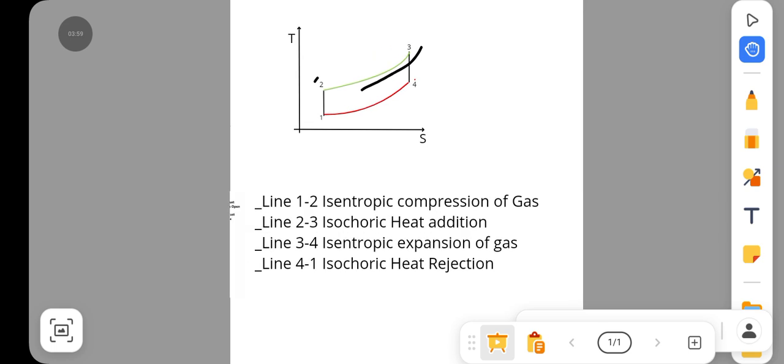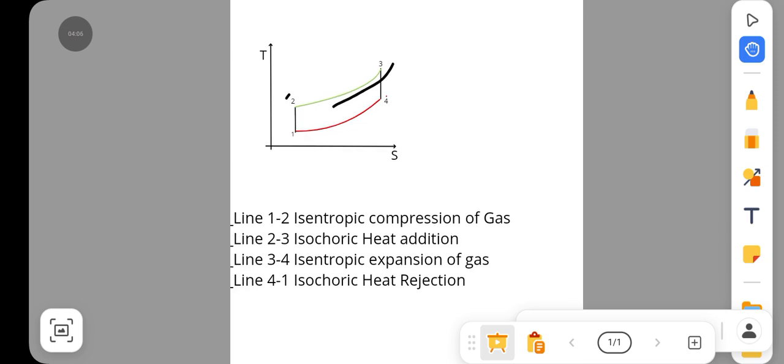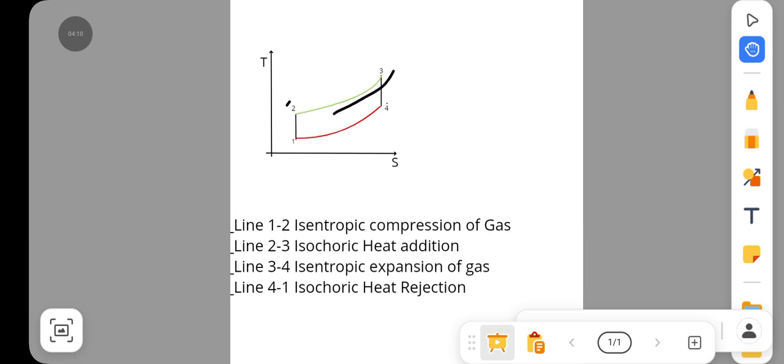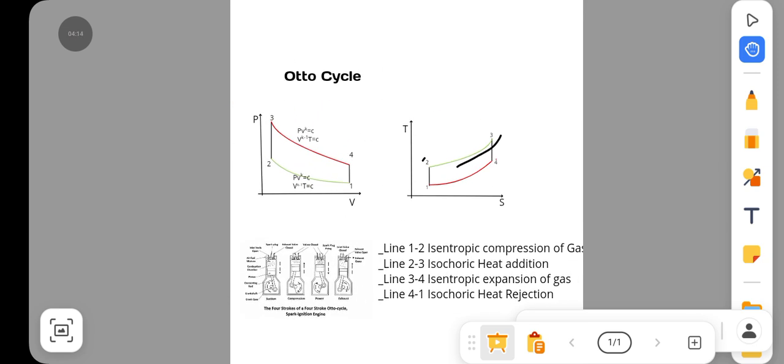So this is the entire cycle. Line 1 to line 2 is isentropic compression of gas. Line 3 to line 4 is isentropic expansion of gas. Line 4 to line 1 is isochoric heat rejection. These are the 4 processes, and they repeat themselves over and over again in an ideal case, which is why we are dealing with the standard Otto cycle.